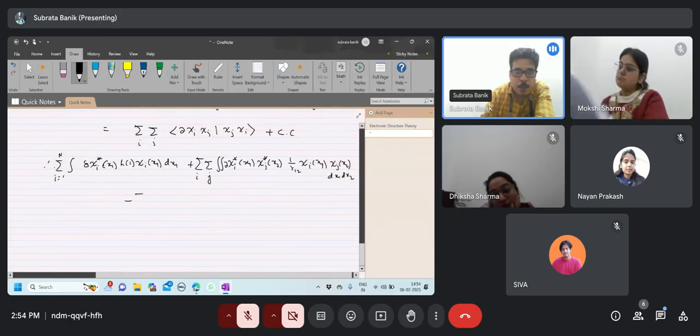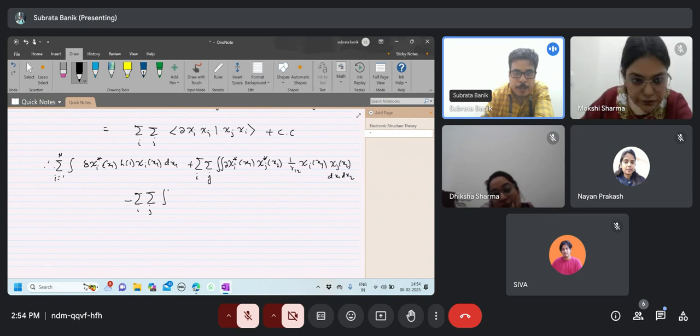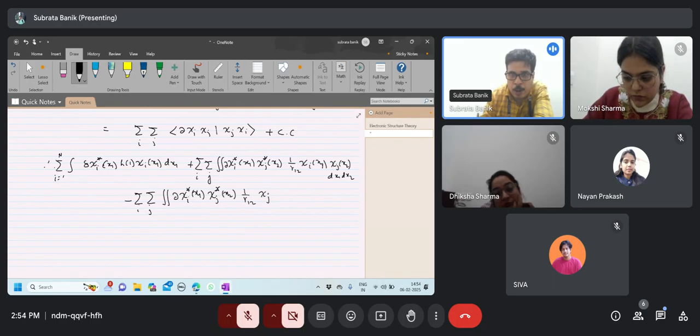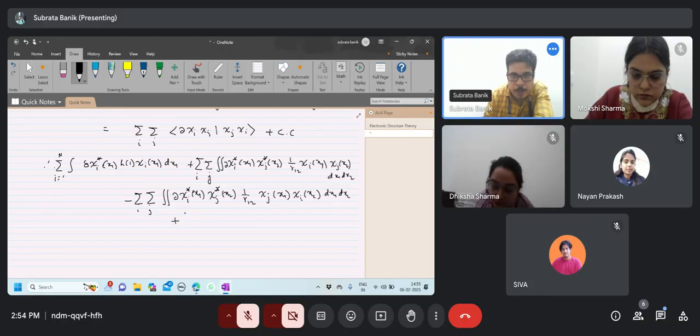This is sum over i, sum over j, double integration of delta chi_i star of x1, chi_j star of x2, 1 upon r12, chi_j of x1, chi_i of x2, dx1 dx2, and I have plus this term, sum over i, sum over j.